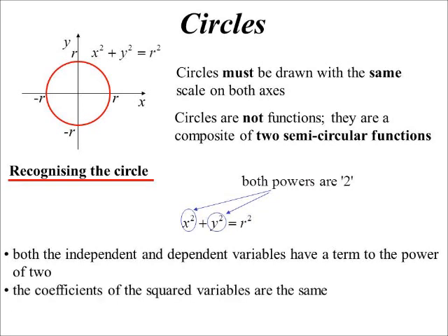So the coefficients have to be the same. If they were different, so I had 1x squared and 2y squared, I wouldn't get a circle. I'd get an ellipse. And if the signs were different, we actually get a hyperbola. I think we talked about that the other day, the hyperbola that's been rotated so that the vertex is on the x-axis.